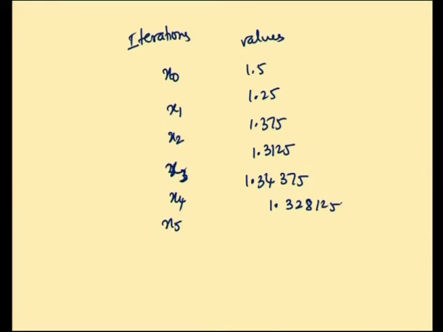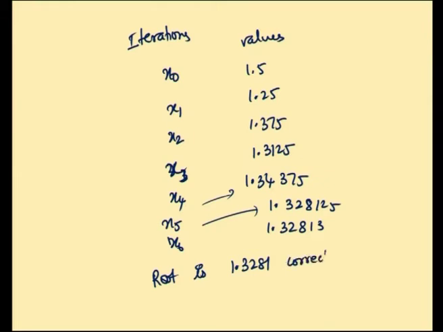Likewise it goes on with successive approximations, and ultimately we find that two successive iteration values are the same. So, we find that the root is 1.3281, because x6 is also going to be 1.32813. So, the root is 1.3281, corrected to 4 decimal places.